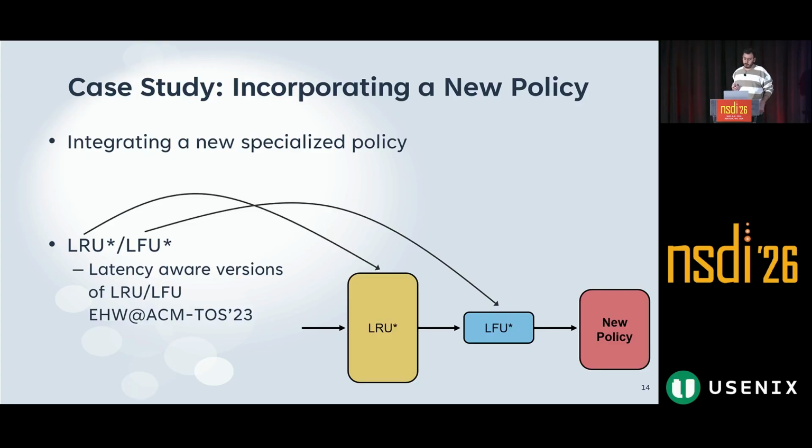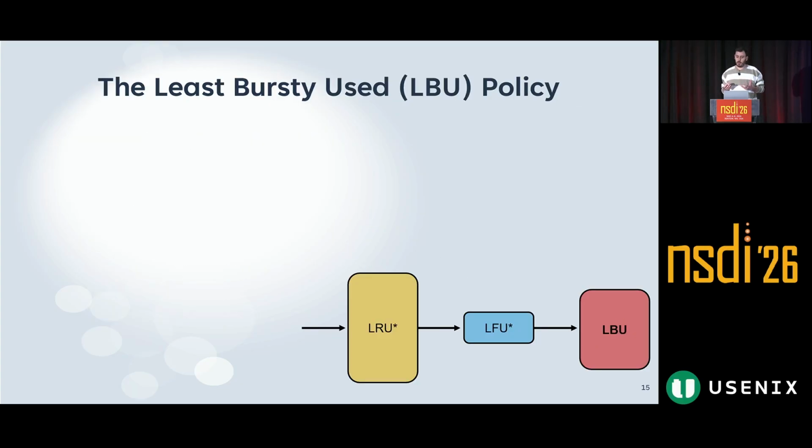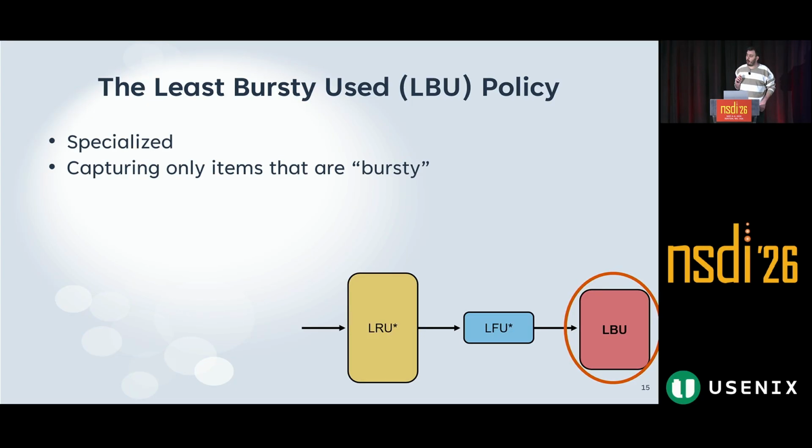And we are going to add a new block, which we call LBU, the least bursty used policy, which is going to be at the end of the pipeline. It is a specialized policy. It is capturing only bursty items. That means that in the previous example, we are going to try to capture item B.